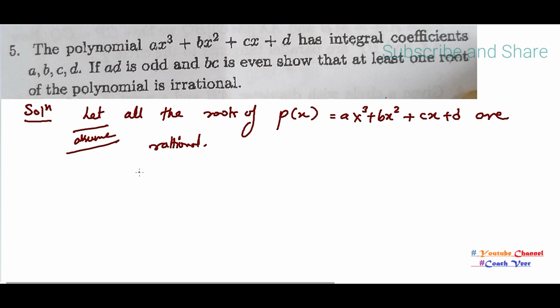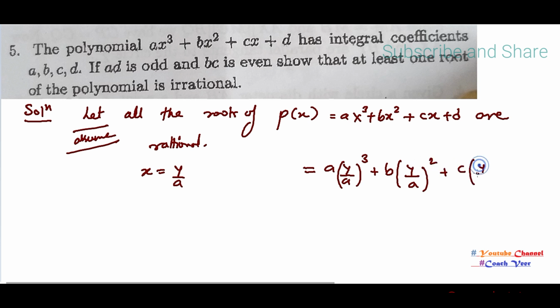Now we will make a little change. In place of x I want to substitute y by a. If I do this, on the right hand side I get a times (y by a) whole cube plus b times (y by a) whole square plus c times (y by a) plus d.